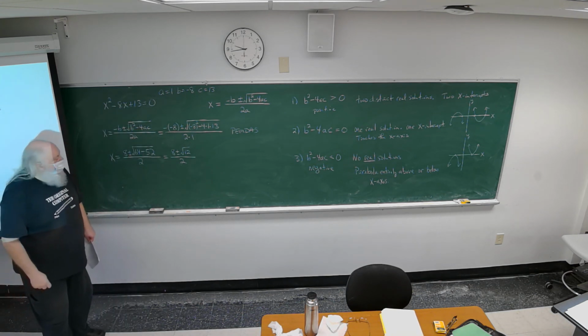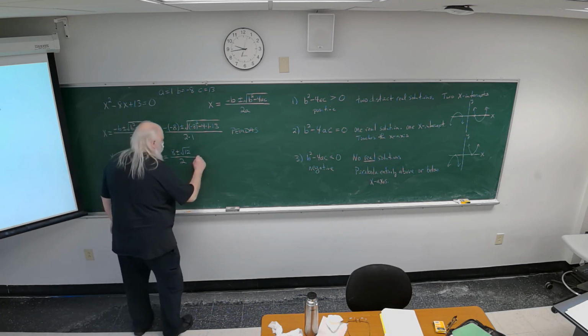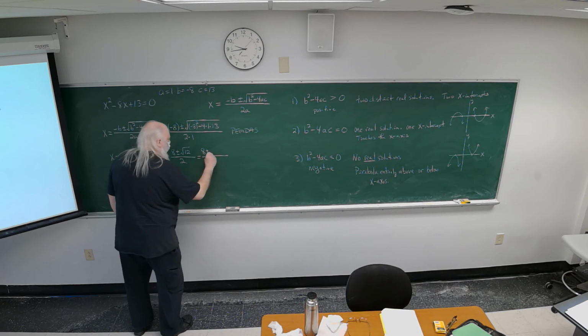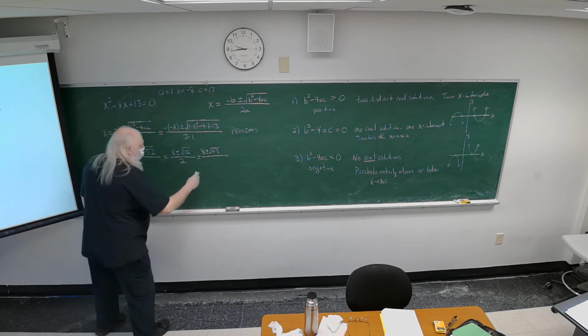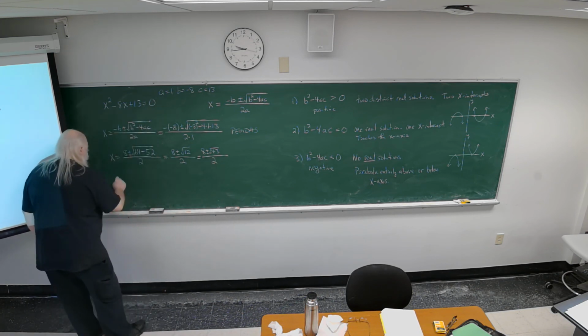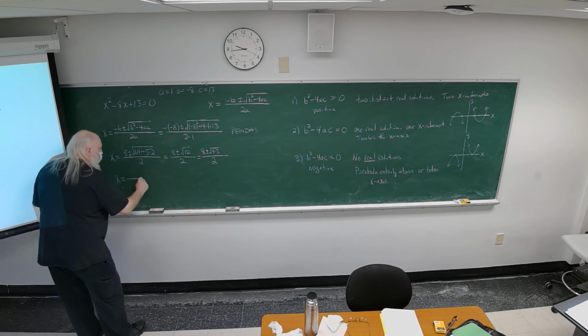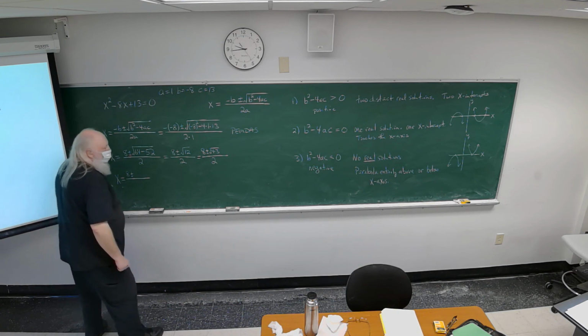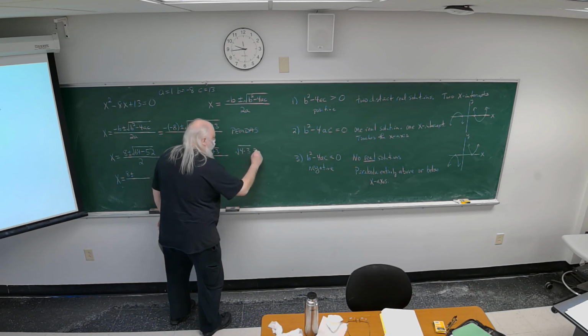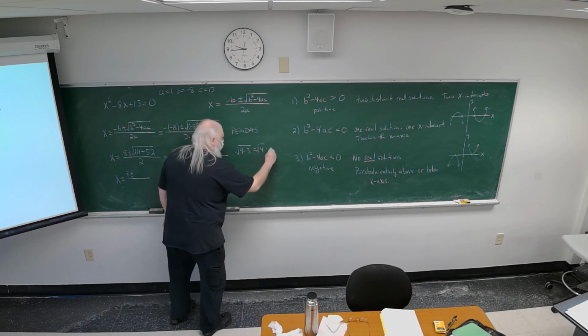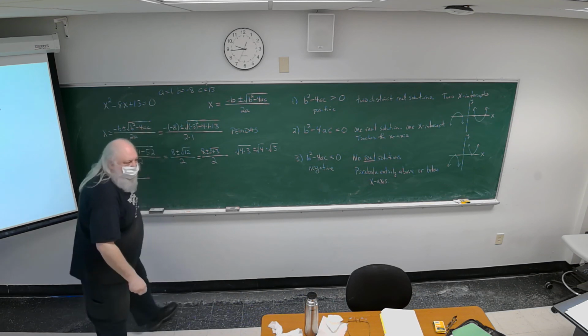The square root of 12 can be written as the square root of 4 times 3, which is the square root of 4 times the square root of 3, by the rules of radicals.